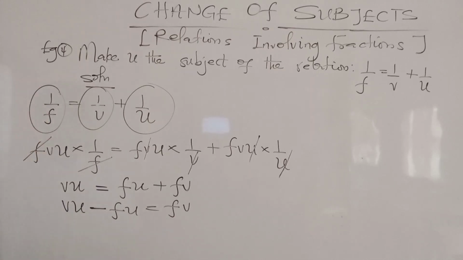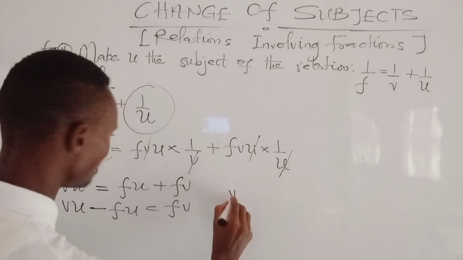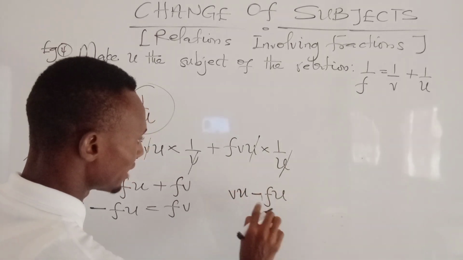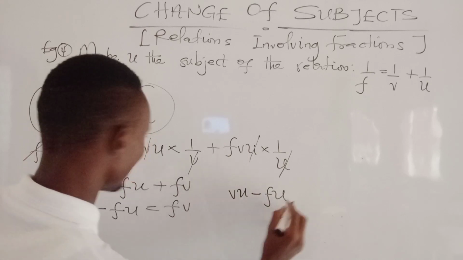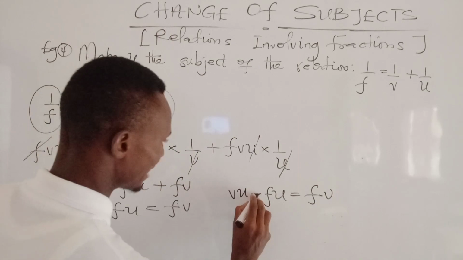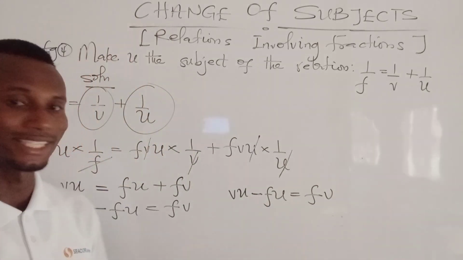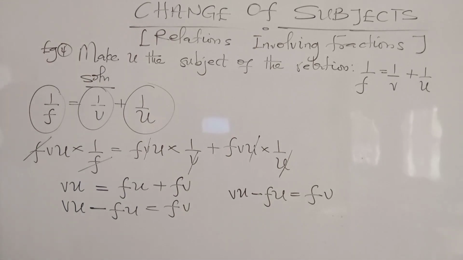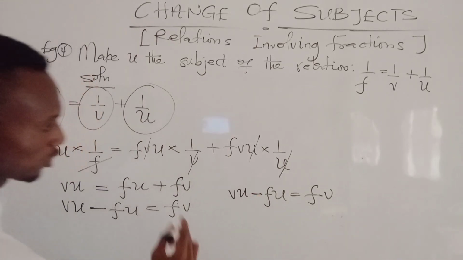I'm going to repeat what we have here so that we'll continue. So I have VU minus FU, I hope you are following, equals FV. I said that the only way to get our U out of it is to apply factorization.